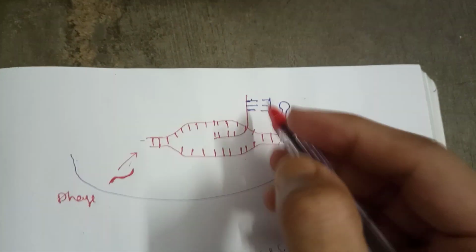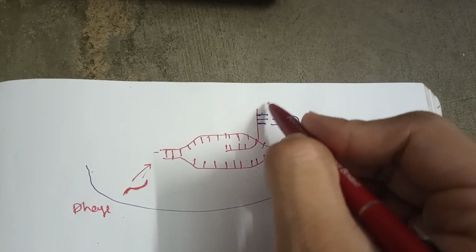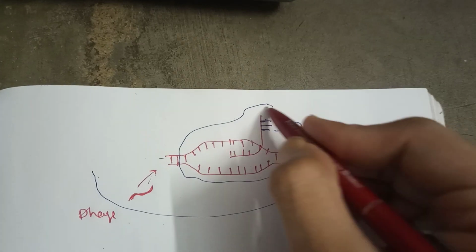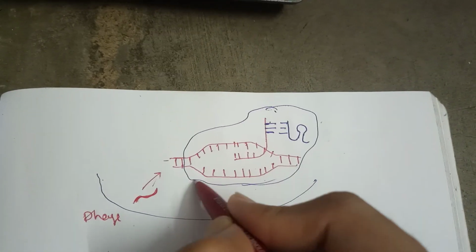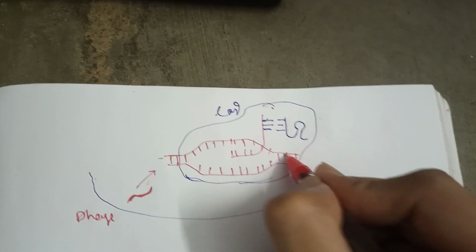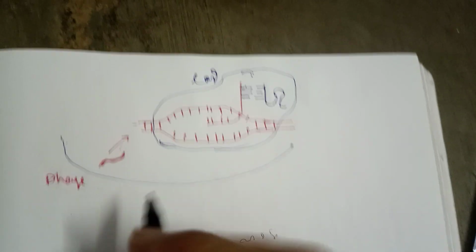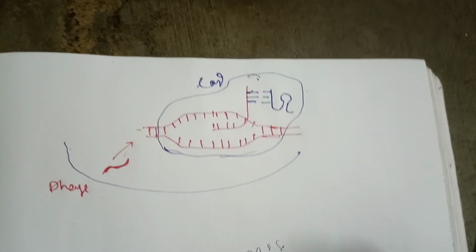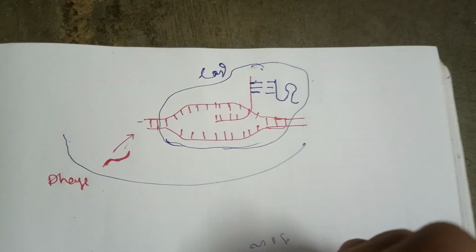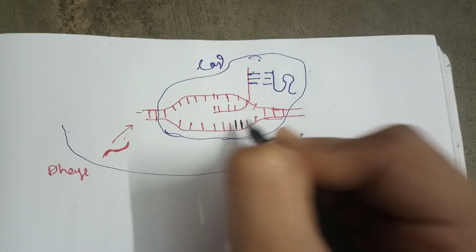So this will form a complementary sequence here, and this is surrounded by Cas9. Okay, this is Cas9. Now here a short sequence that is unique to this viral genome will be recognized.